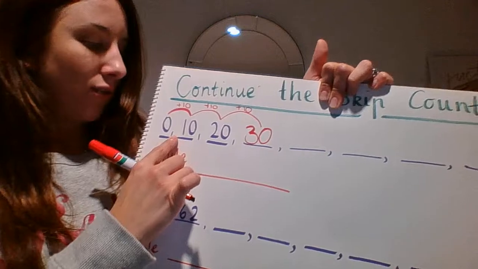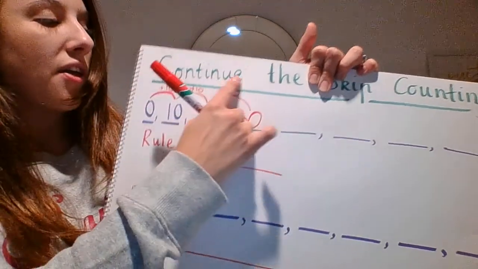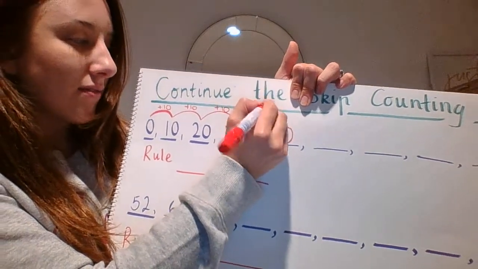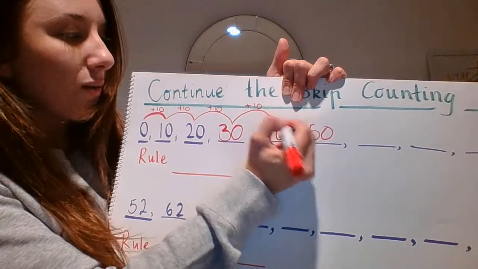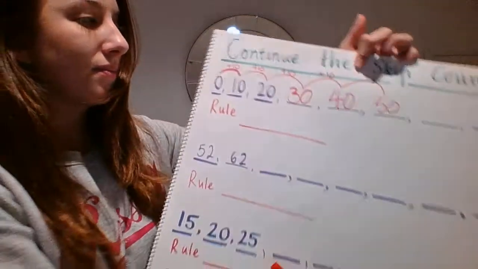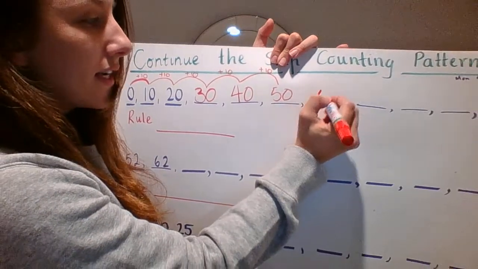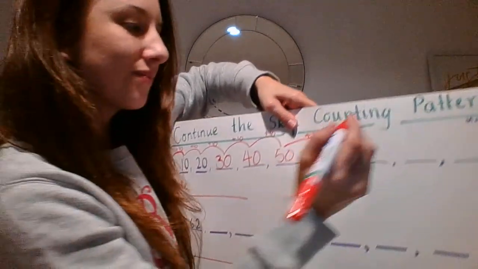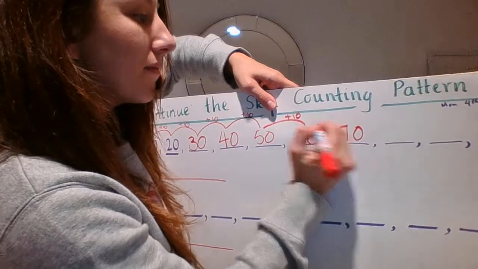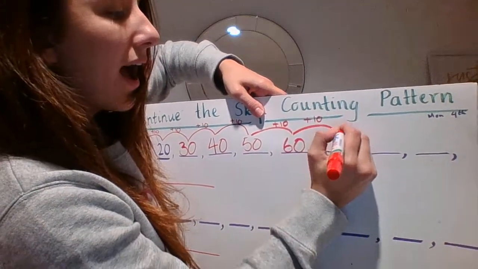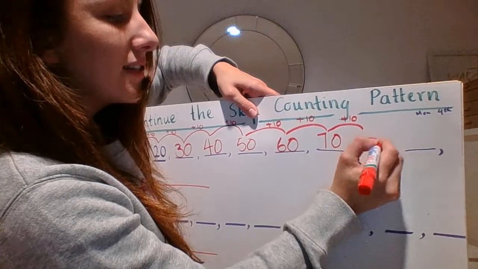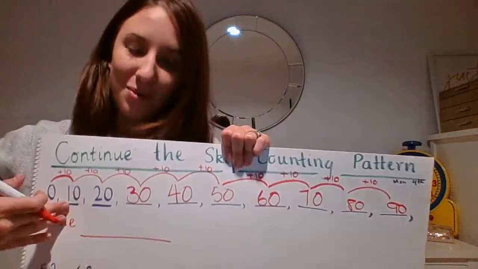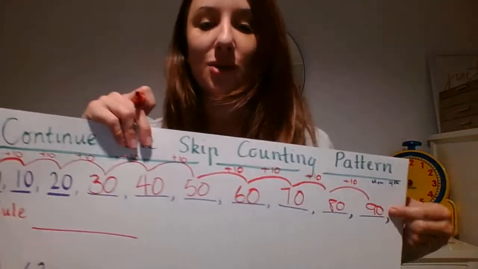Okay? 0, 10, 20, 30, 40, we added 10, 50, we added 10, 60, we added 10, think about what would come next, 70, 80, and 90.